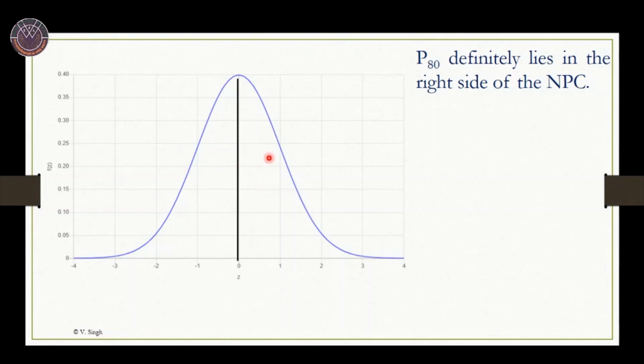So P80 will be somewhere on the right hand side, because only 20% of the students are above this point and 80% are below it. Now we have the mean here, and 50% of the cases are on the left hand side.